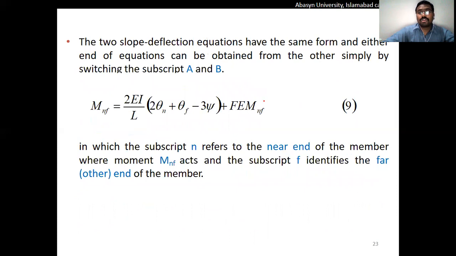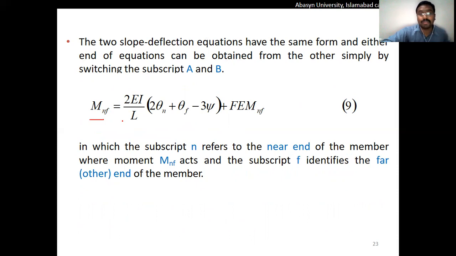So, in order to simplify or generalize these equations, we can express the moment at the near end and far end. Suppose we are calculating it for member AB, so A will be called the near end, and B will be called the far end.